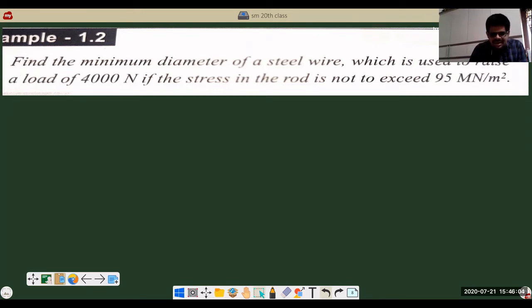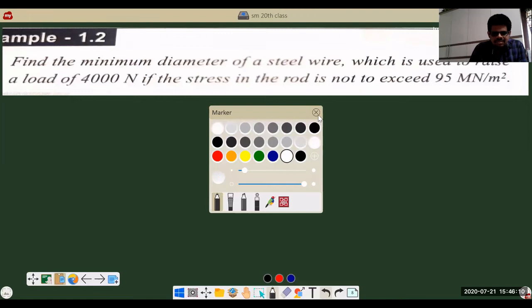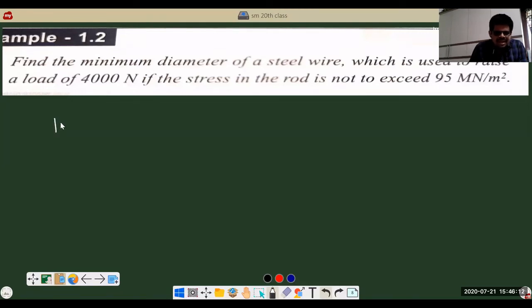So P is given, P is 4000 newtons, and the stress sigma is 95 meganewtons per square meter.